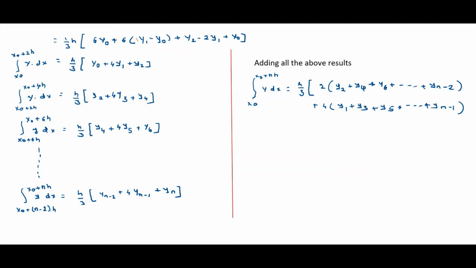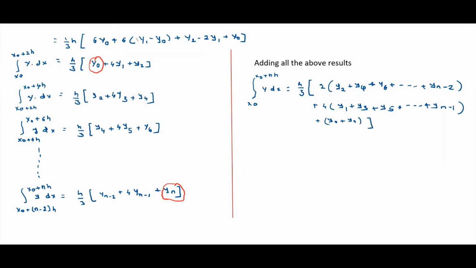And at last, you can see the first value of the first bracket, that is y0, and the last value is yn. They are non-repeated. So that is plus y0 plus yn, the non-repeated values.